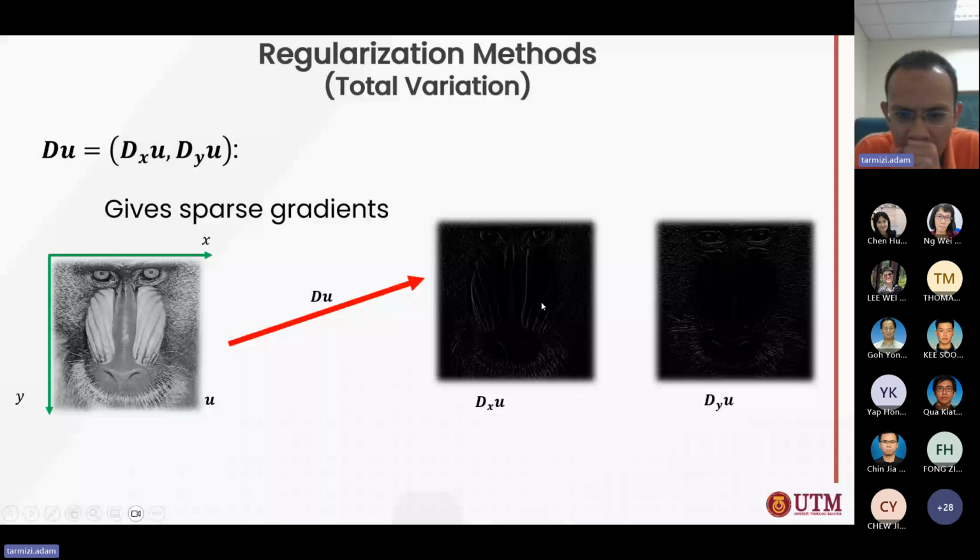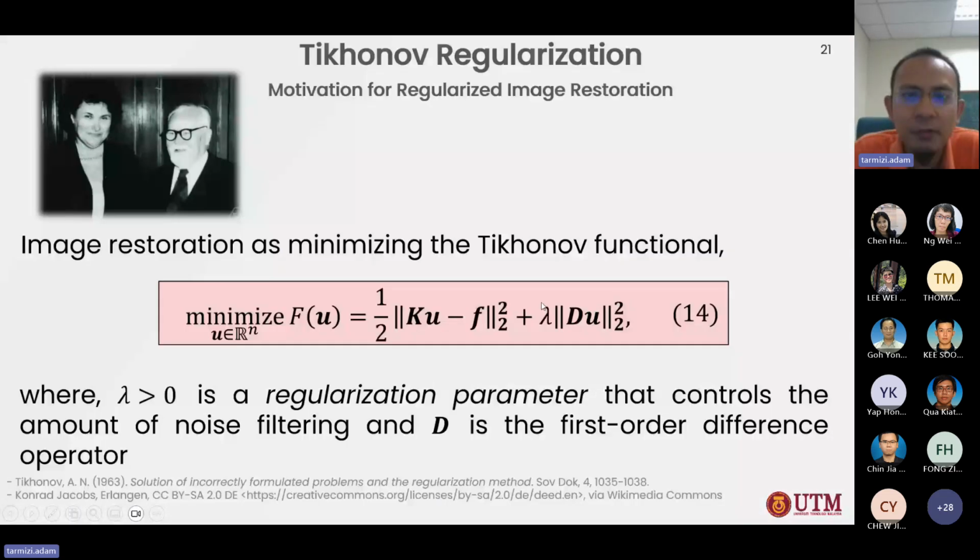Now, as a first motivation for regularization methods for image restoration, we will look into this Tikhonov functional that we minimize for image denoising. You can see this old fellow over here is Andrei Tikhonov, who was the pioneer of the Tikhonov regularization method.